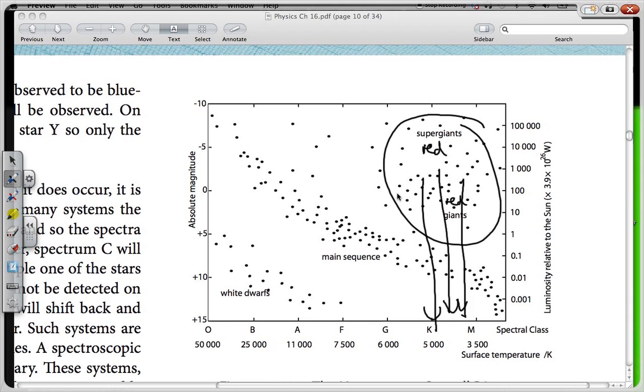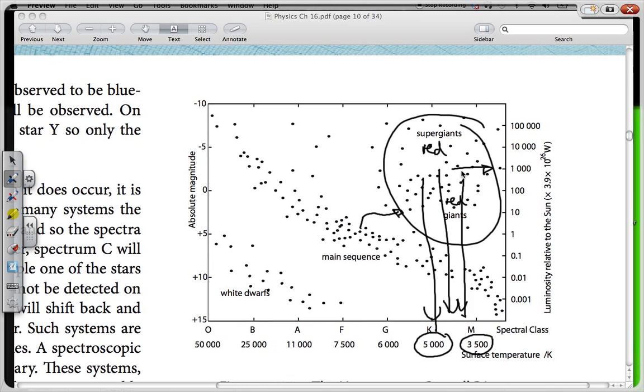Now these are stars that have come out of the main sequence, so they finished burning their hydrogen and they tend to move in this direction. I will discuss that in another video, that whole final death of a star, in which way it can go. But these become very big, so they're actually very luminous. As you can see, they're highly luminous, but they're relatively cool. The surface temperature of them is relatively cool.